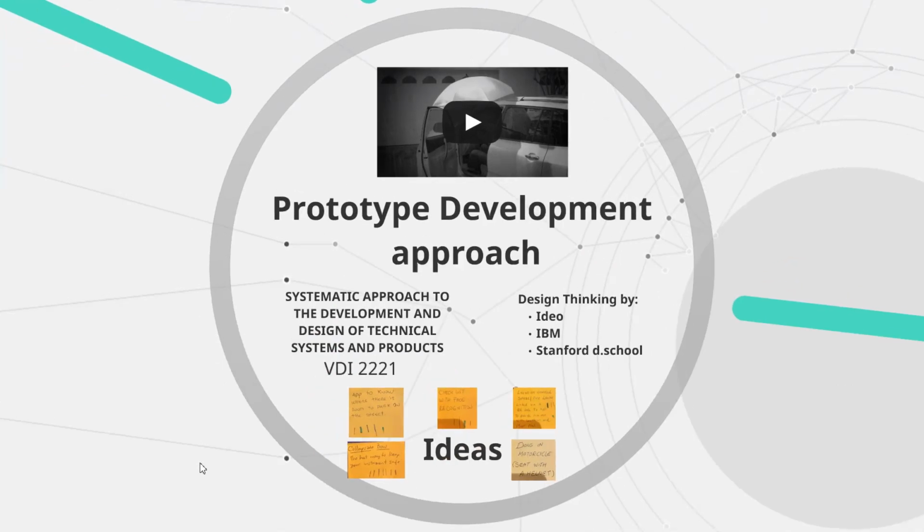Now I'm going to start talking about the prototype development approach. Everything starts with a problem, something like this.